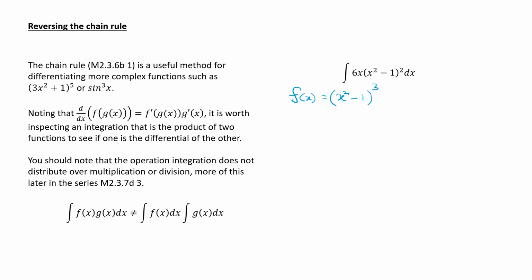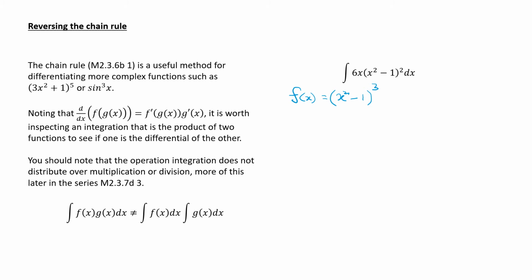So if I consider what I'd have to differentiate to end up with something like that, the easiest thing to do is to identify the fact that the x squared minus 1, if I differentiate it, I'll get something of the form of the bit outside the bracket.